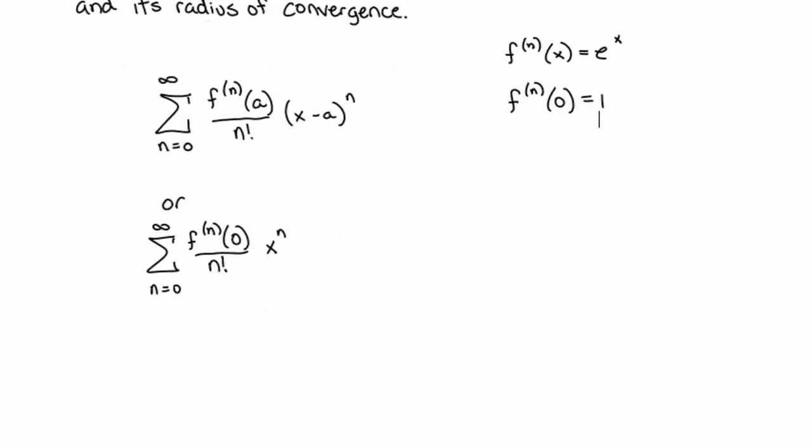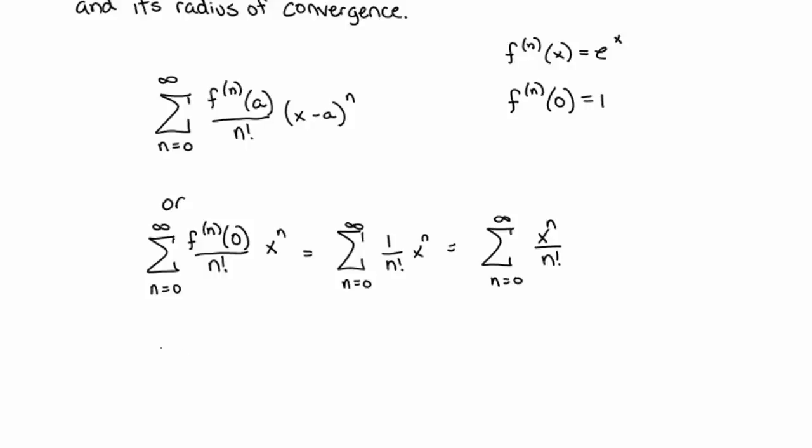And thus, this is going to be the summation n equals 0 to infinity of 1 over n factorial x to the n, or probably a better way to write this is n going from 0 to infinity of x to the n over n factorial. That is the Maclaurin series expansion for e to the x.